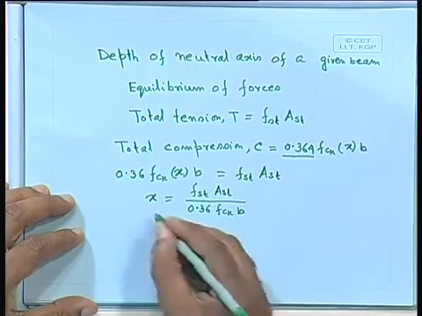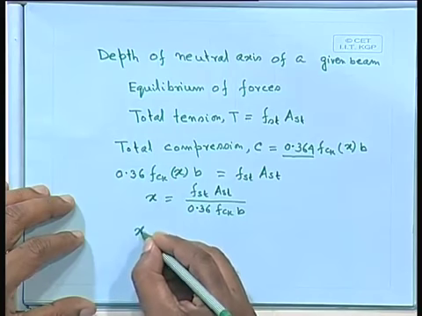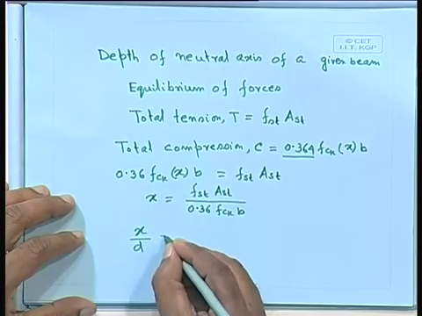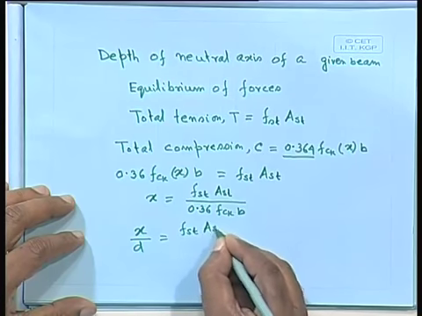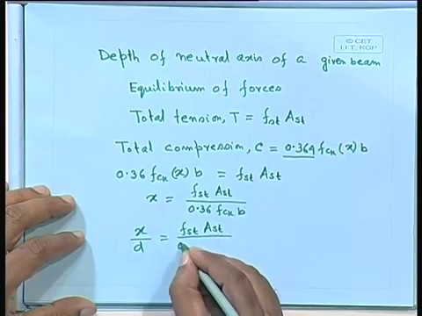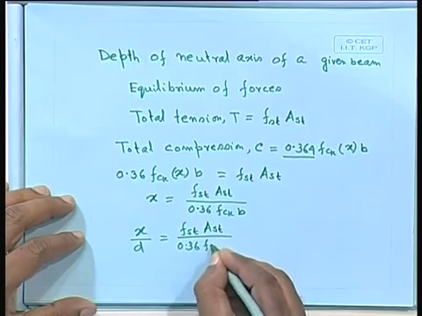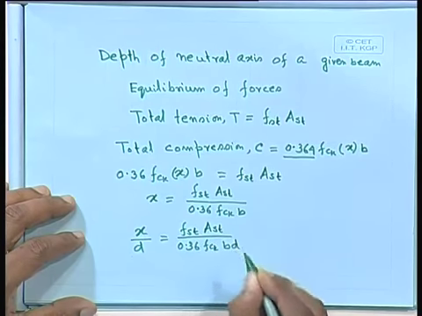We can write down this one as x by d equal to fst Ast by 0.36 fck b times d.